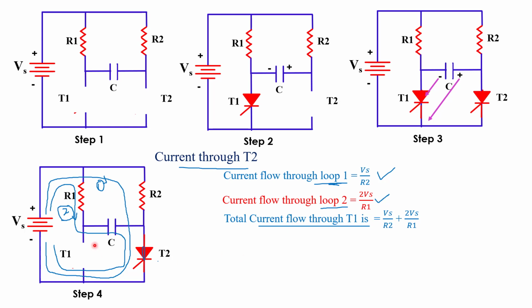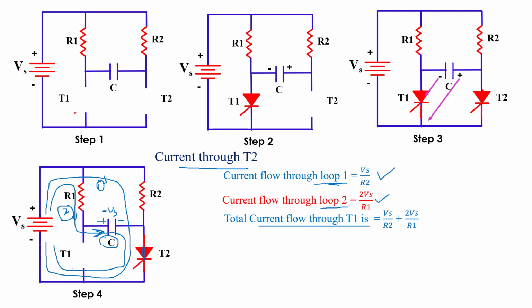Now here we see in the diagram, when current flows through loop 2, the capacitor is again charged with opposite polarity: left side plate is positive and right side plate is negative, because current flows through loop 2 in this direction. So the capacitor is again charged with supply voltage Vs, but this time the polarity is negative.